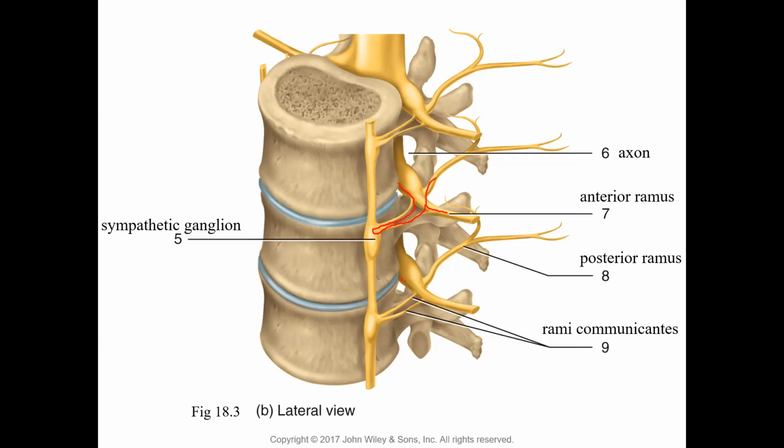Whereas some of the fibers that come out from the anterior root will synapse in the sympathetic ganglion, and the postsynaptic fibers may go back, depending on which organ they're going to supply, through the gray rami communicans.